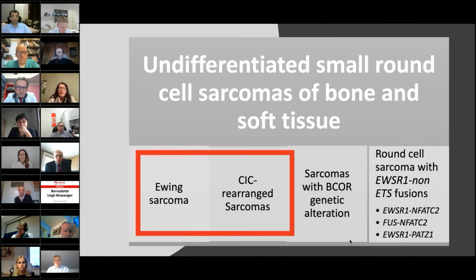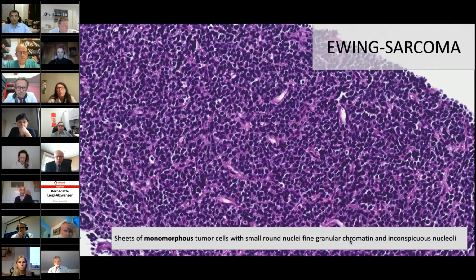So at first I would start with two members of these undifferentiated small round cell sarcomas of bone and soft tissue. I start with Ewing sarcoma because I think it's the prototypical example of all round cell sarcomas, giving the name more or less to this group. With small round cell tumors, the classic example in Ewing's is that we are dealing with monomorphous tumor cells with small round nuclei and fine granular chromatin, and we do not appreciate nucleoli.